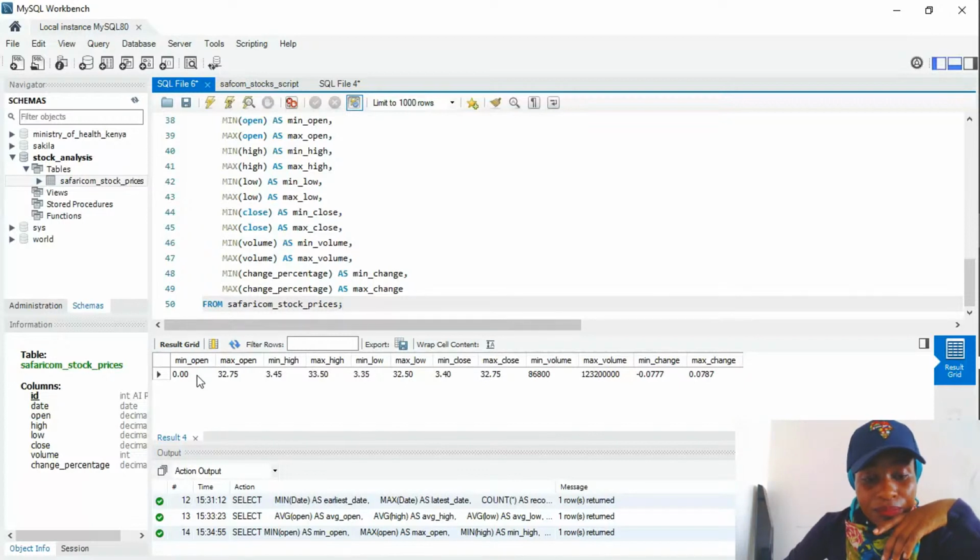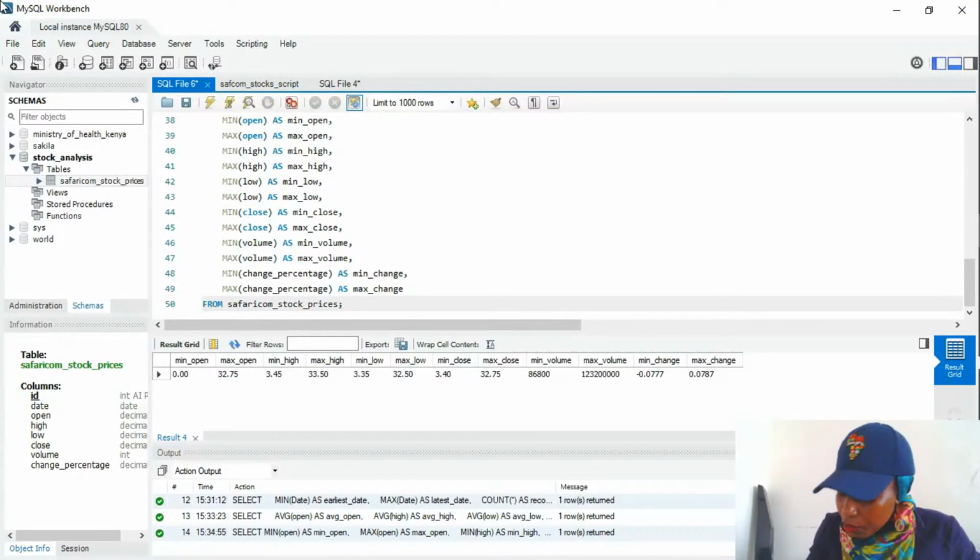And the maximum opening price is 32.75. And then for the highs, the minimum is 3.45. And then for the maximum is 33.50. Then we have that for the low, again, the minimum is 3.35 and maximum is 32.50.